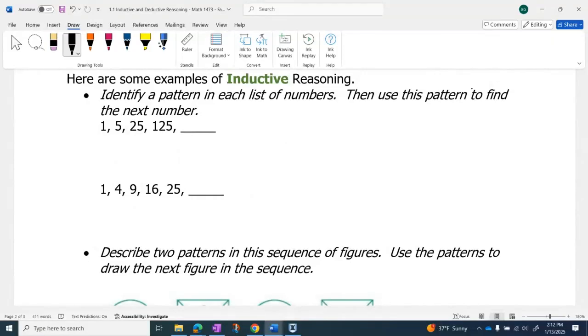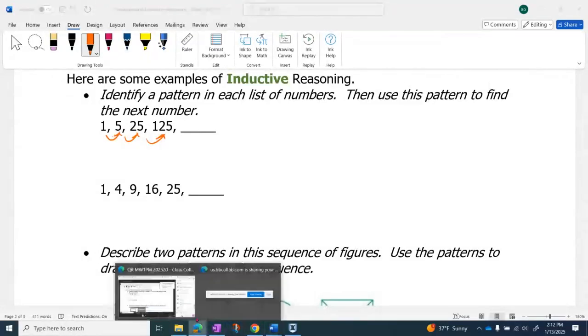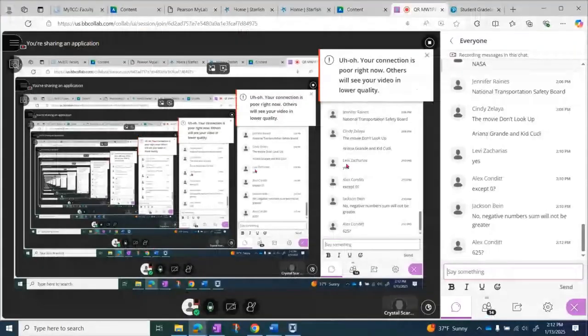So we are given 4 specific elements, and we need to predict what the next element in the sequence is, based on the pattern you identify. Do you see any patterns? Exactly, Alex. So the pattern is multiply by 5, right?